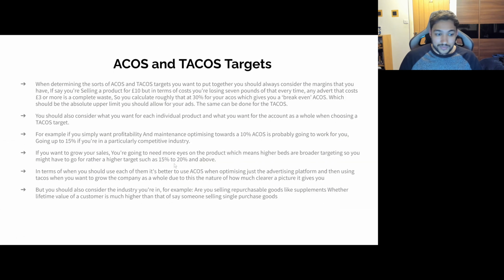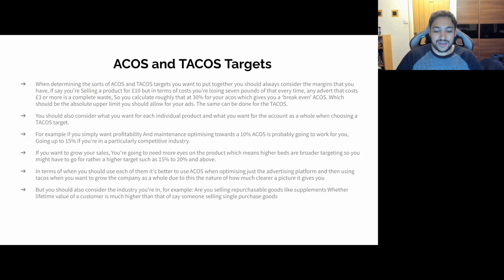In terms of when you should use each, ACoS is better for advertising on the Amazon platform. Just make sure there's nothing above your break-evens. Make sure that everything you're doing works for that. And also, when you're looking at your TACoS targets, you should consider the industry you're in.